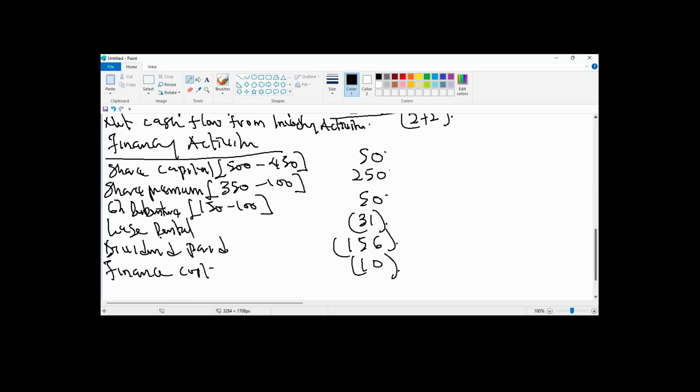I will sum it. What does it give us? 153, negative.